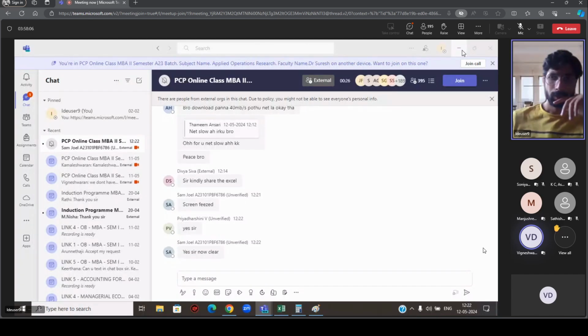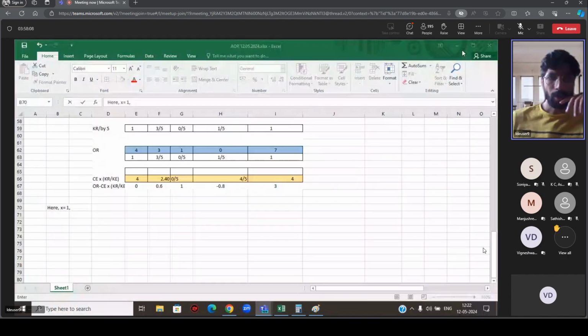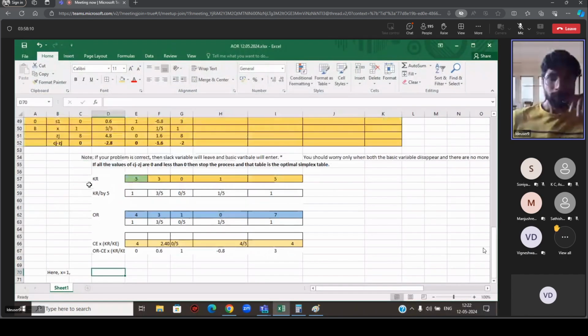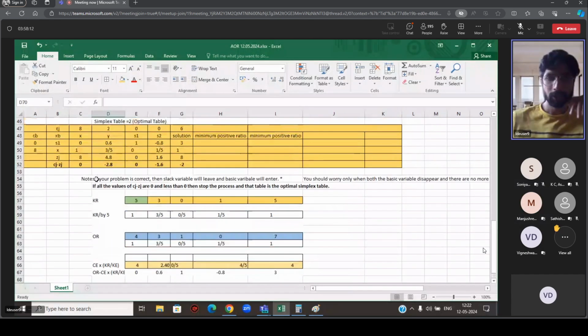So what I'm doing here is, in this second simplex table, which is optimal, you see the corresponding solution for x. For x, what is the corresponding solution? 1. You don't have y there. Y is 0. Without y, the table has become optimal.